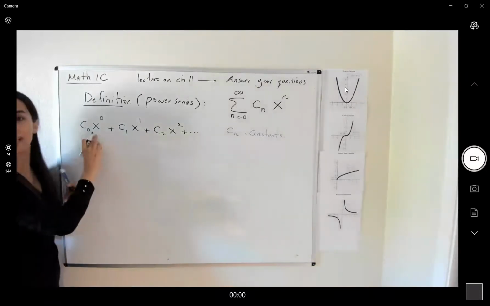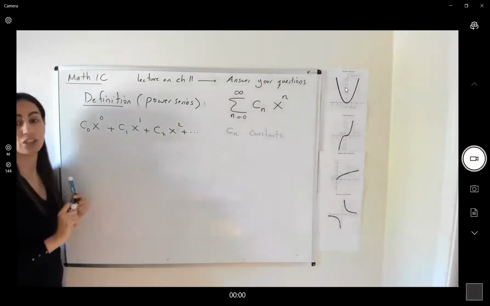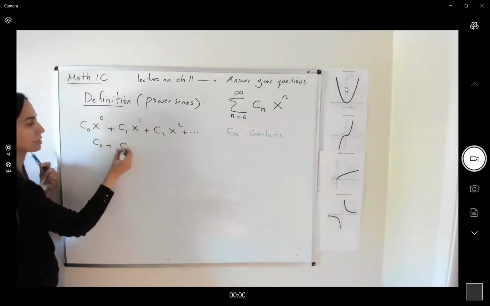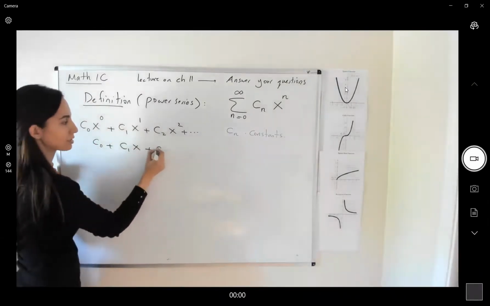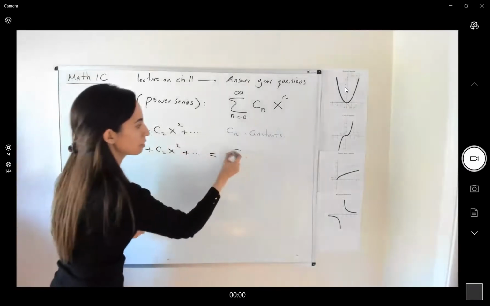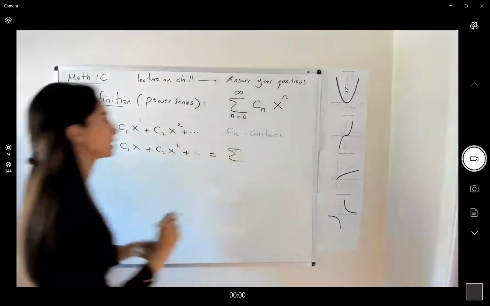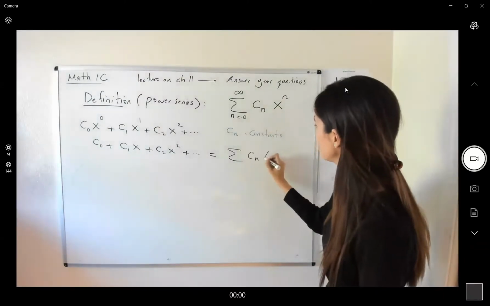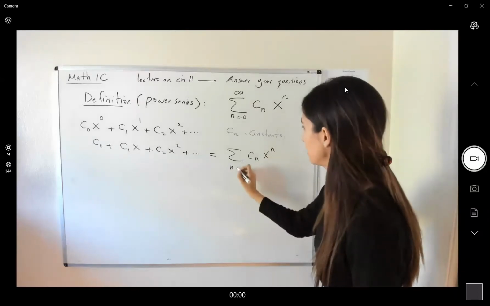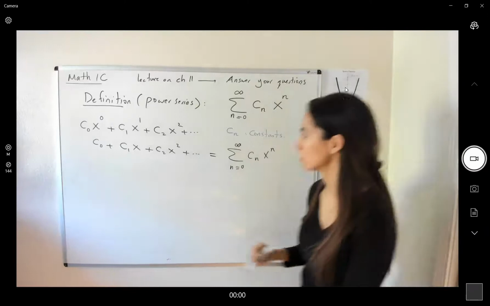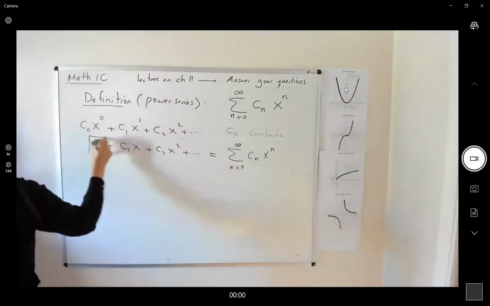Of course, x raised to 0, with the condition that x is not equal to 0, is just 1, so this is C sub 0 plus C sub 1 x plus C sub 2 x squared, plus the rest of them. Or in compact form using series, the sum of C sub n x to the n, n starts from 0 and goes to infinity. So this is your power series.